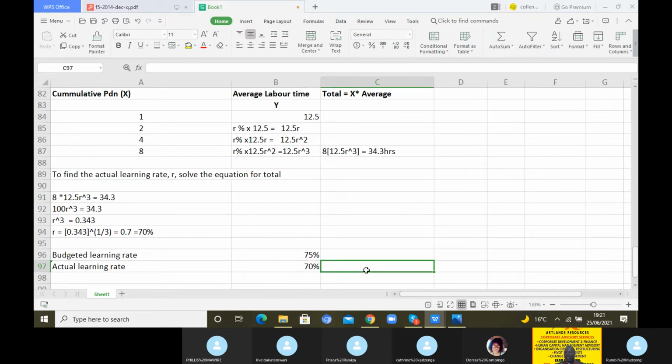Now tell me, does it mean employees learned quickly or less quickly? Can you type in the chat? In your opinion, if we had budgeted a learning rate of 75% and the actual learning rate is now 70%, does it mean employees learned more quickly or less quickly?